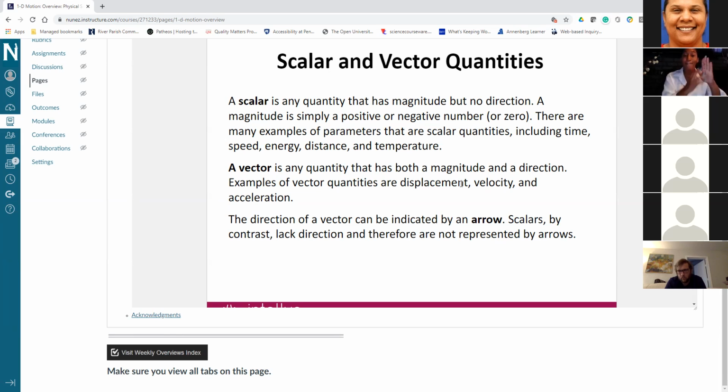So the size is the 5 meters, and the direction was given by the negative sign, which is telling us to the left or west or down, whatever we've established in our reference frame as the opposite of positive. If I establish to the right is positive, then a negative 5 meters means my displacement is to the left of where I started. So displacement, velocity, and acceleration are examples of vector properties.